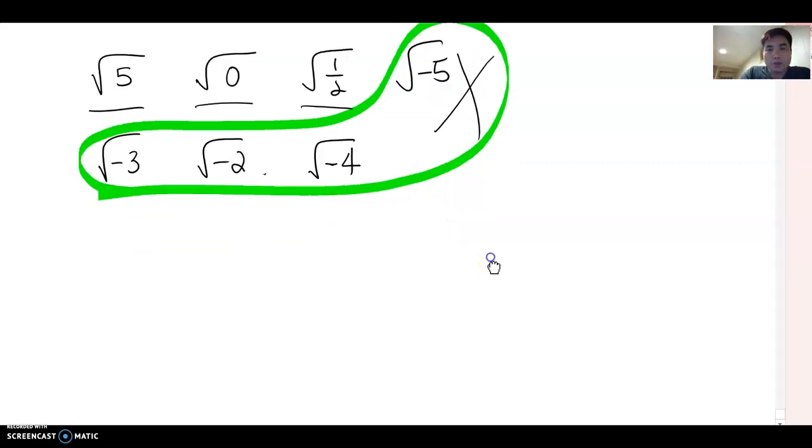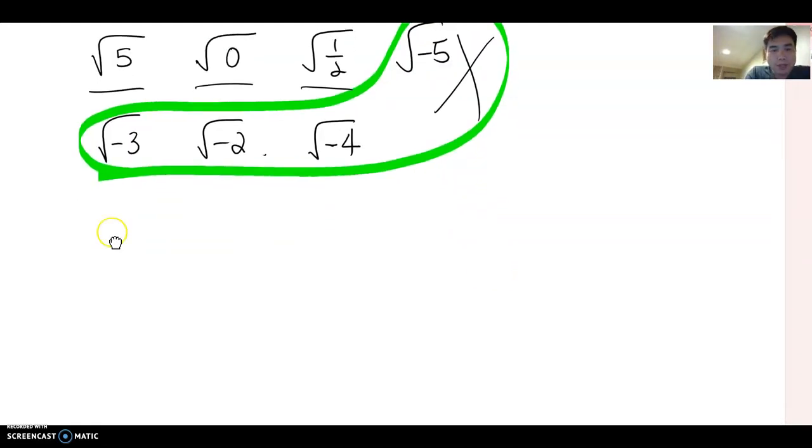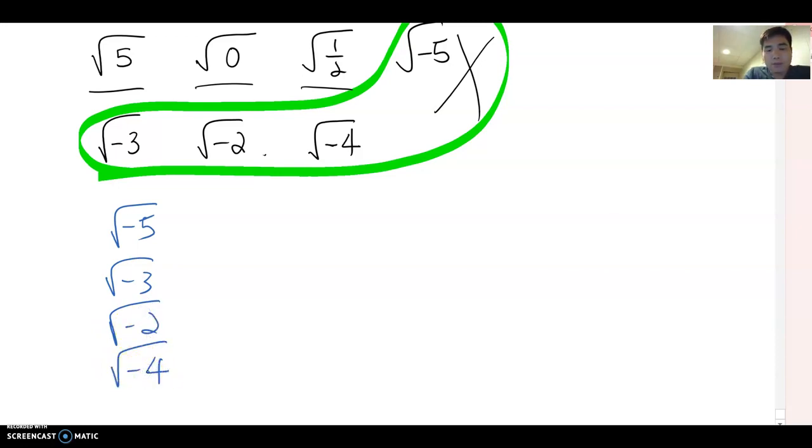So then look at the pattern here. Square root negative 5, square root negative 3, square root negative 2, square root negative 4. Please let me know whether we can rewrite this value as root 5 times root negative 1.